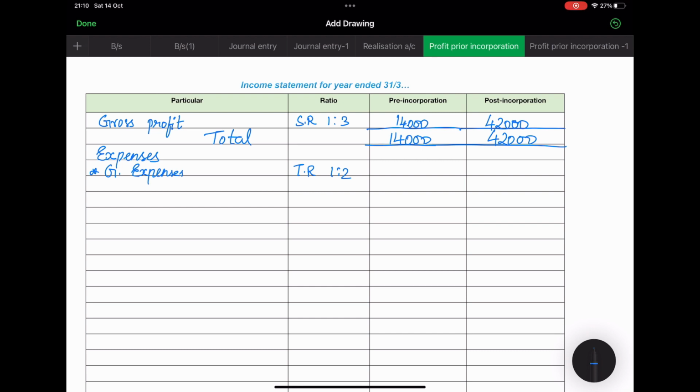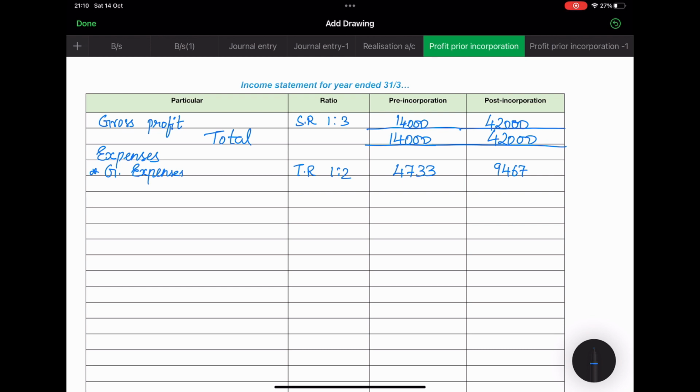So total general expenses was 14,200 into 1/3, around we'll be getting 4,733 and 9,467 for the post incorporation.